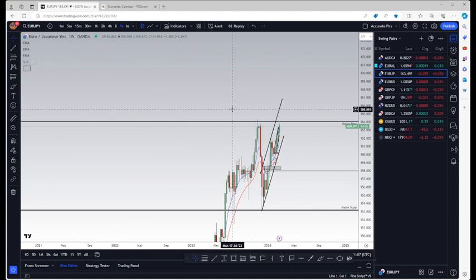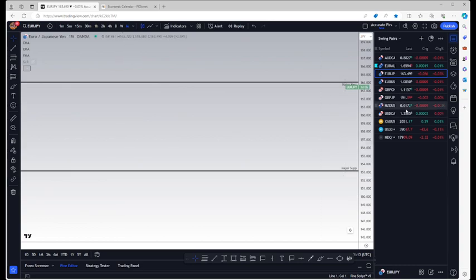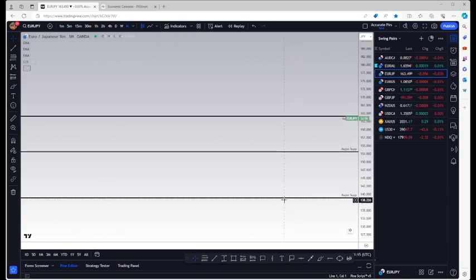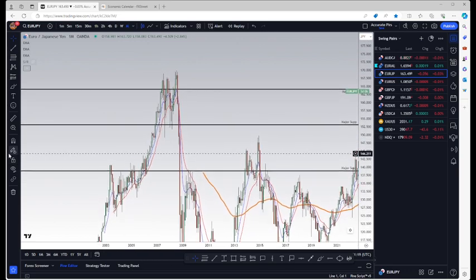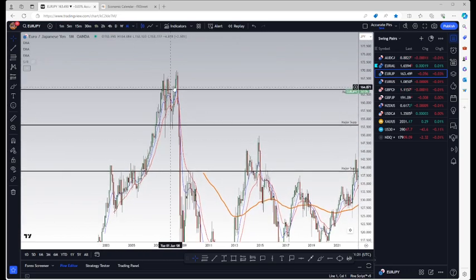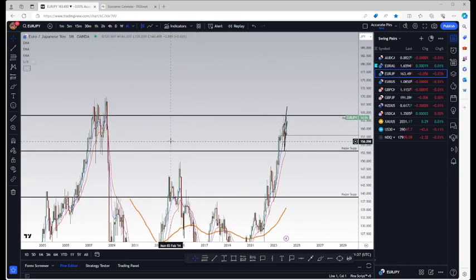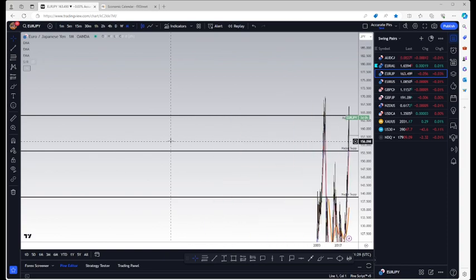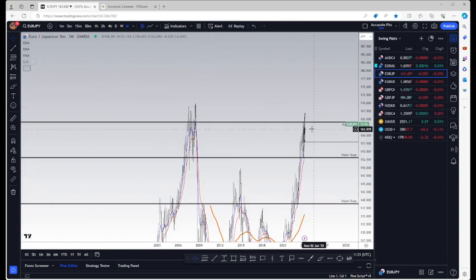So let me just see something. Wow. Alright, so last time price was around these levels was back in 2008. Wow. EJ is literally near its all-time high again.